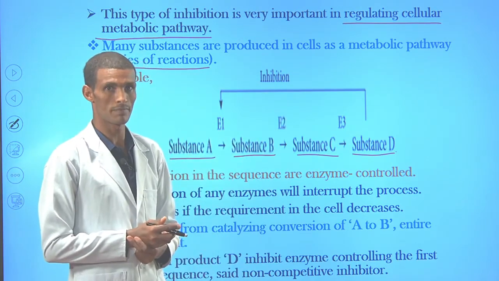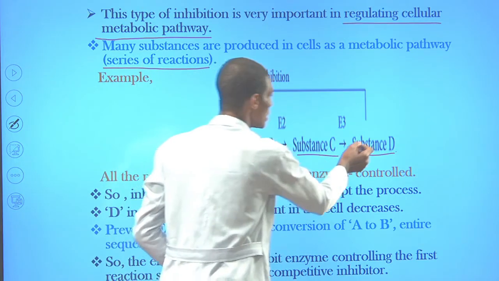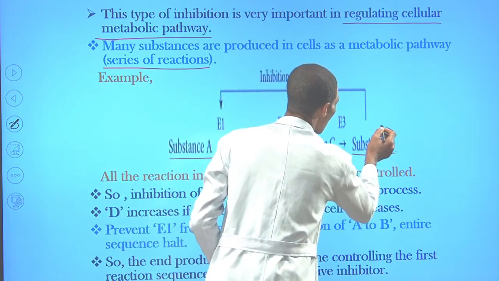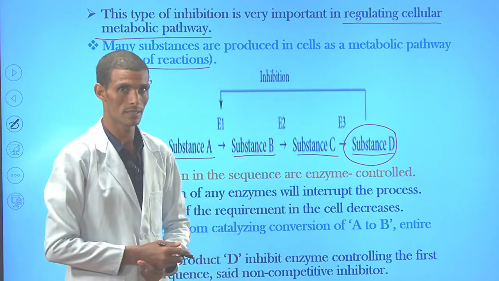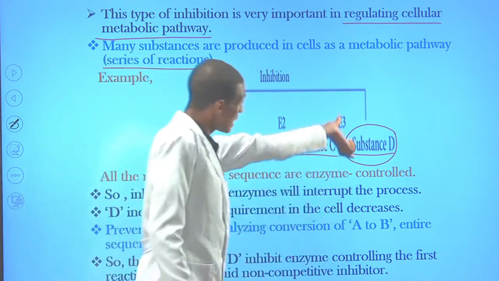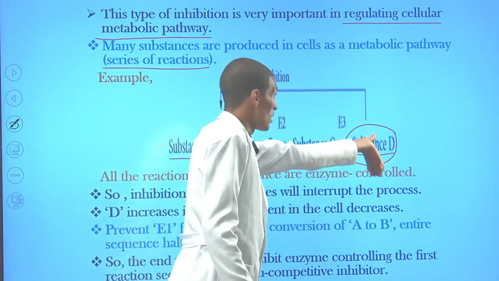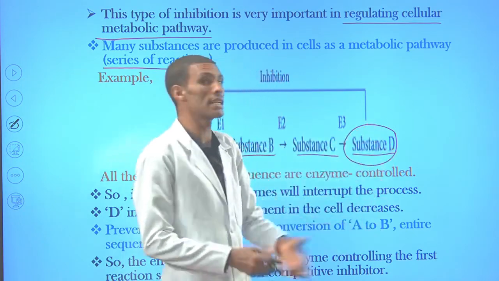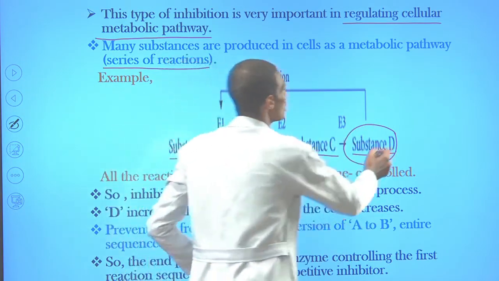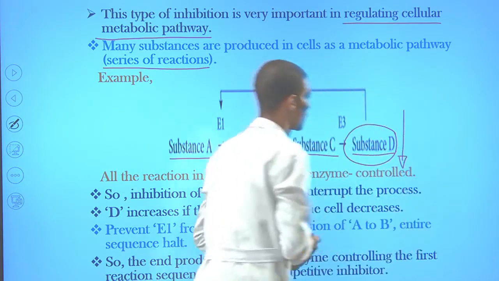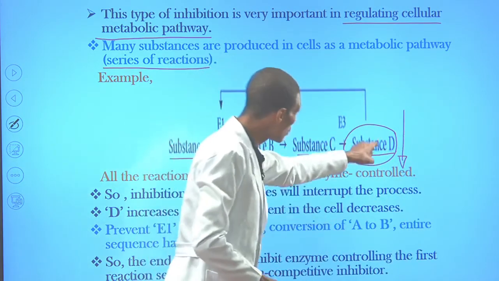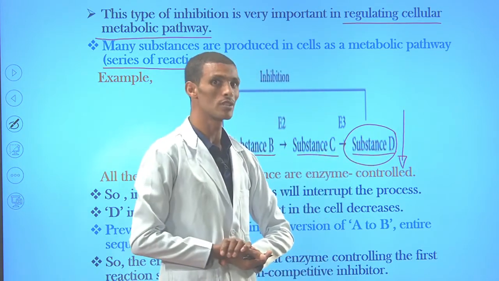Let us show them. If the requirement of substance D in the cell increases, if the demand for product D by the cell highly increases, the concentration of D is going to decrease. The concentration of D in the cell becomes highly reduced.